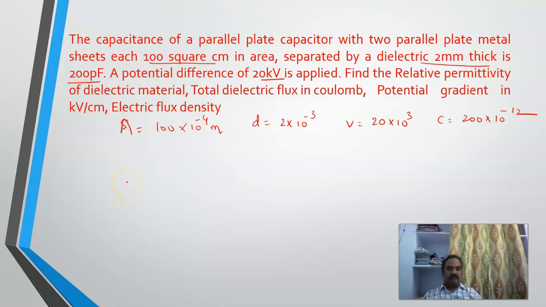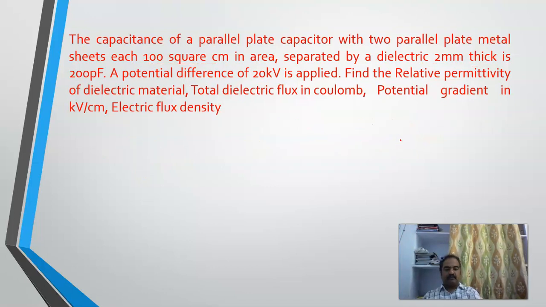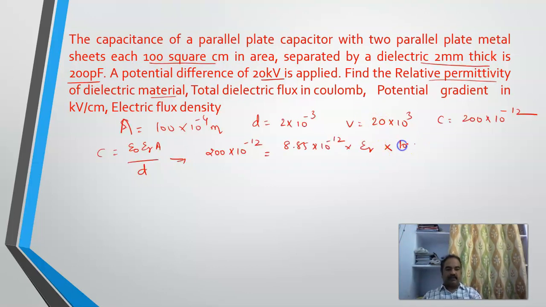Okay, so first of all, the relative permittivity of the dielectric material. What is the best formula? C is equal to epsilon naught epsilon R A by D. If I substitute, 200 into 10 to the power of minus 12 is equal to epsilon naught, 8.85 into 10 to the power of minus 12, into epsilon R, into A, which is 100 into 10 to the power of minus 4, by D, which is 2 into 10 to the power of minus 3.